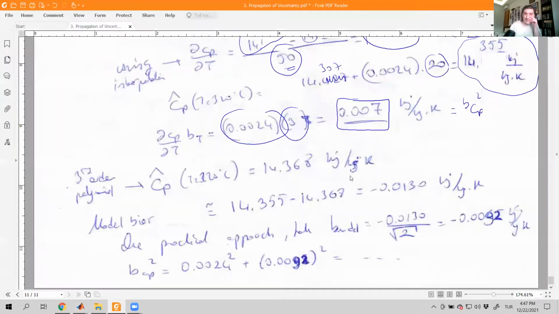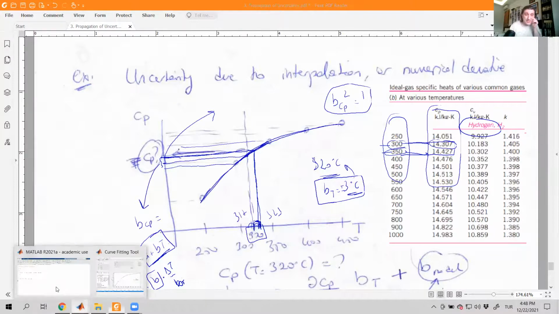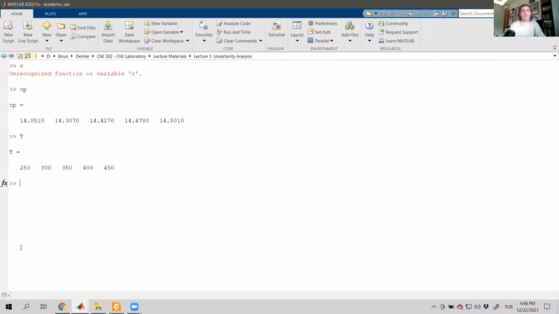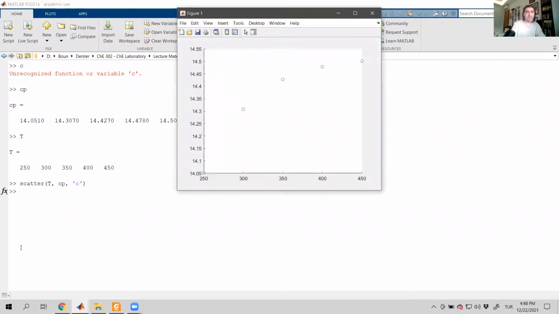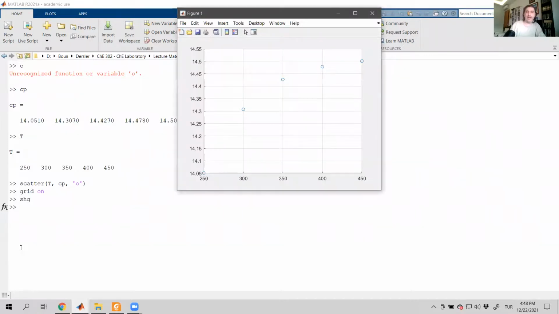So I have these, from 250 Celsius to 450 Celsius. Though I'm interested in this interval here, I have included 3 other points, just to see the general trend. So if I plot these, all right, this is what we have.